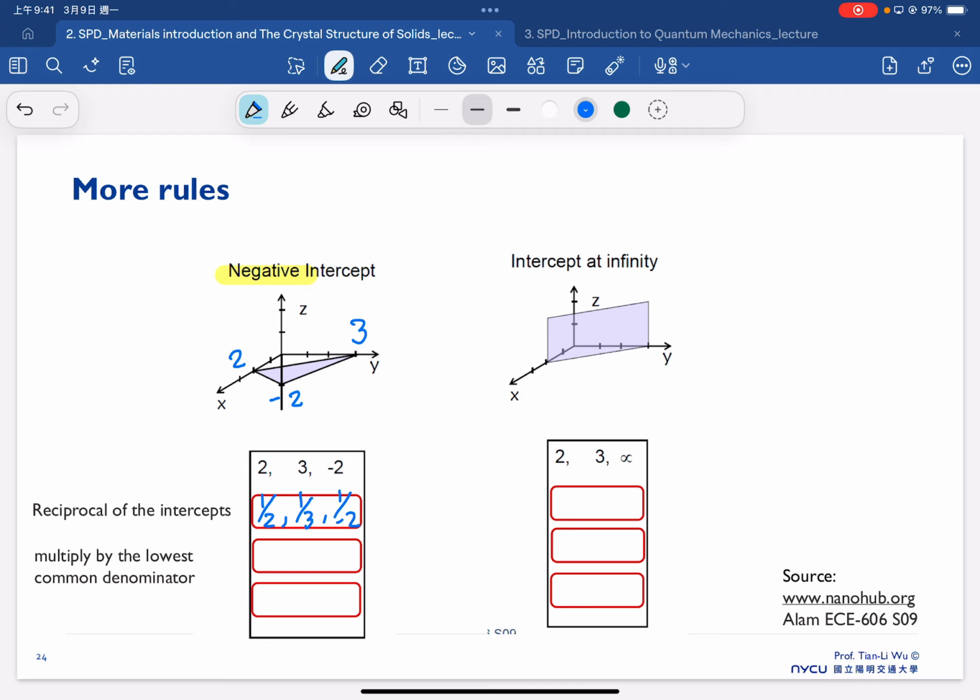Next, still the same, we multiply by the lowest common denominator, which is 6, so we get 3, 2, -3. But in the Miller index, we don't use a negative symbol. So in the end, we transform this -3 into 3 with a hat.